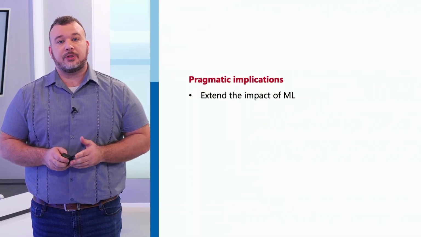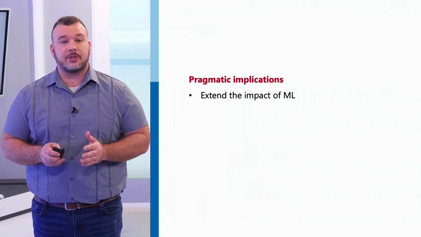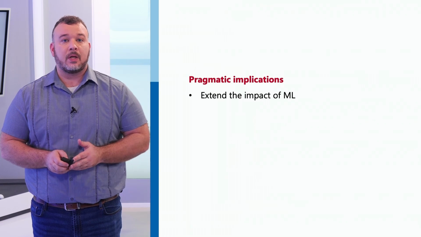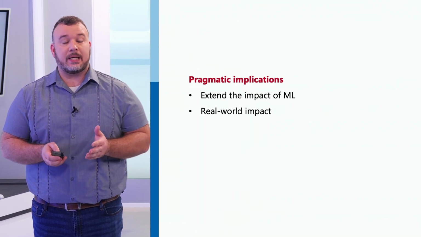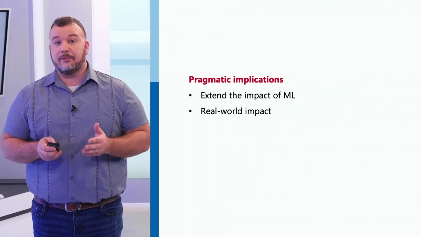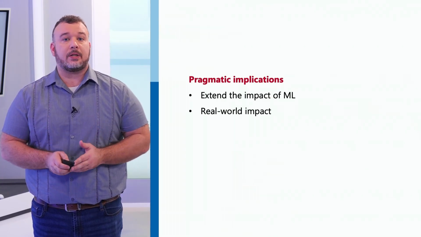Pragmatic implications extend the impact of machine learning from technical accuracy to broader societal or behavioral effects. While a recommendation system may excel in tests, for example, its real-world impact, like influencing purchasing decisions, is where its value truly lies.